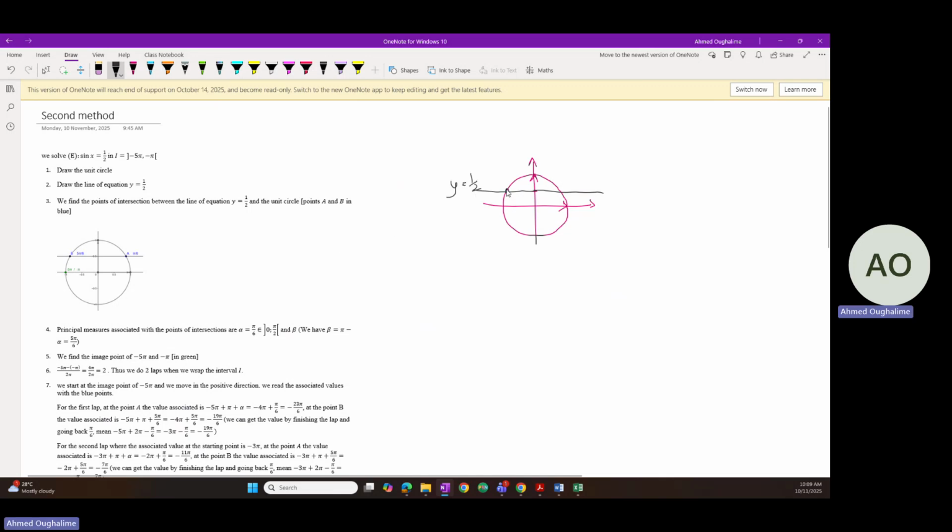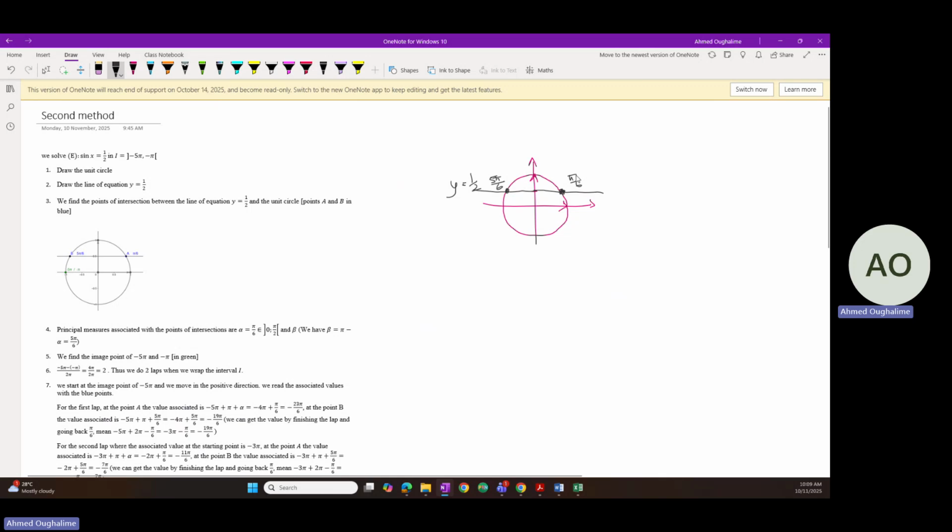Then I find the points of intersection between this line and the unit circle. I know that to this point we associate the value pi over 6, and to this point we associate the principal measure, which is 5 pi over 6. So here I'm doing step 4.